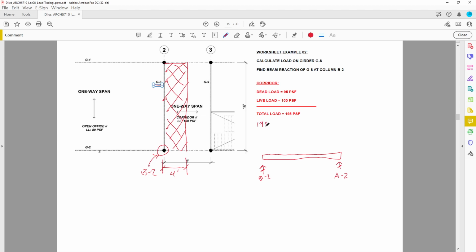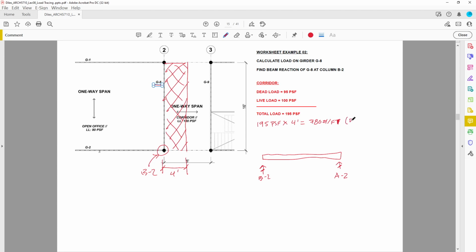So 195 pounds per square foot times our tributary area for G8, which is 4 feet, gives it a total load of 780 pounds per foot. Sorry, that should be per foot.